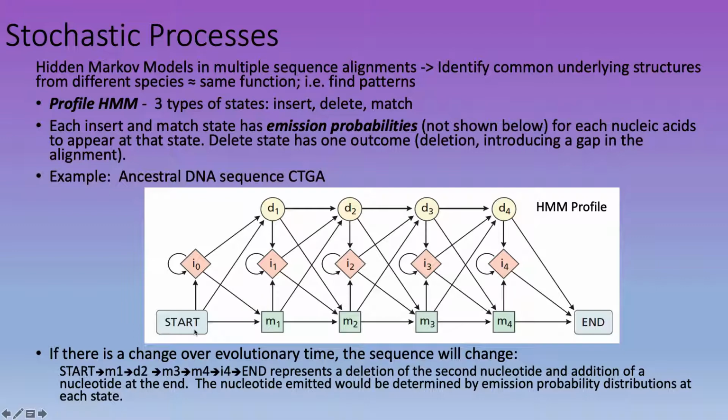But if we start from here, we could calculate what is the probability of going from M1 to having a deletion as the second nucleotide, to then going to a match at M3, right? Then M4, and then adding in a new sequence right at the end. We can figure out what the probability of this path is, right? Or what this hypothesis is as part of the possible outcomes.